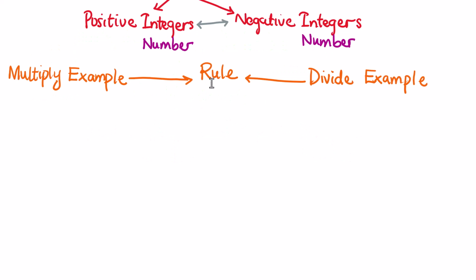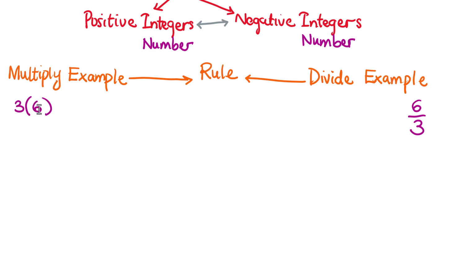Now we're going to look at examples of multiplication and division of positive alongside negative integers or numbers. Specifically, we'll be looking at integers, and we're going to derive rules that apply based on the integers that you are playing around with. For example, for multiplication, we have 3 parentheses 6.